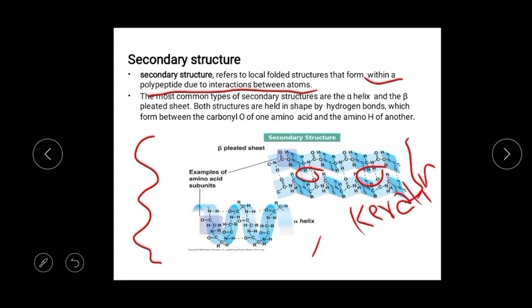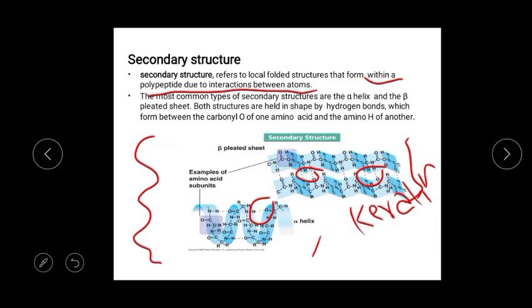Then the alpha helix structure. In this structure, the polypeptide chain is coiled up to form a spiral structure, and it is stabilized by intermolecular hydrogen bonds between the C double bond O of one amino acid and the NH amino group of another amino acid.